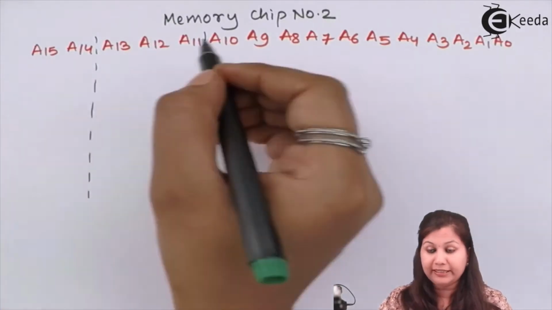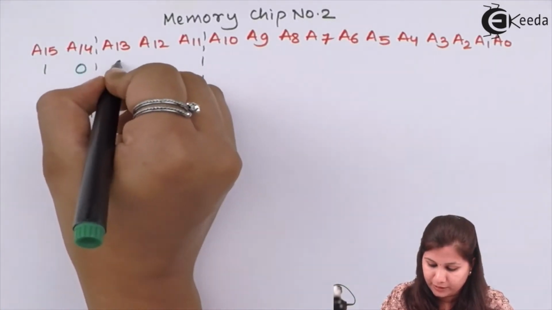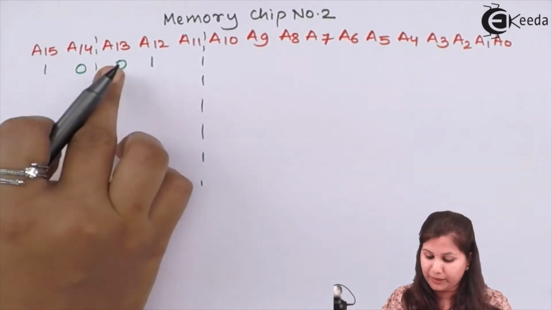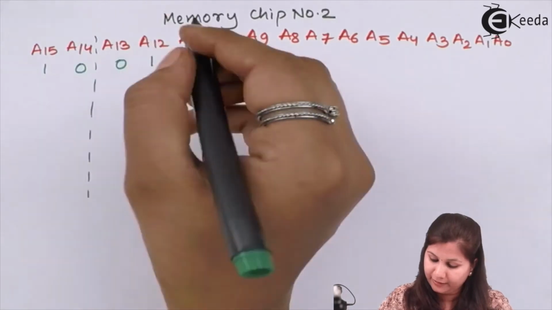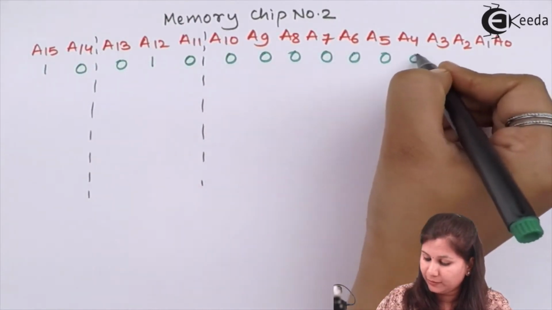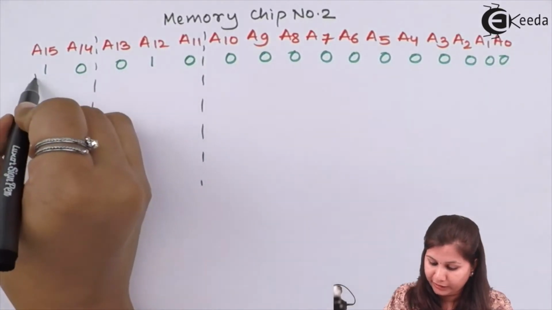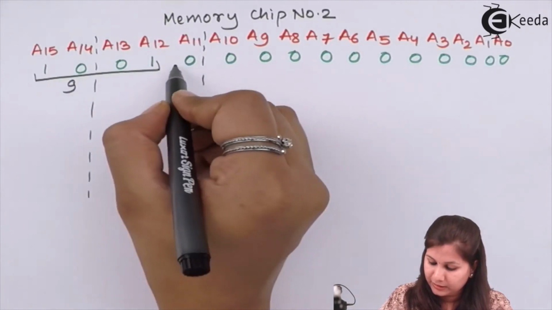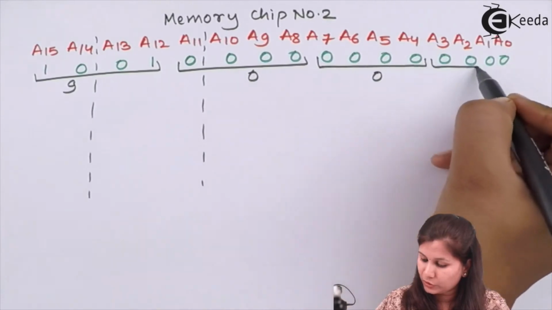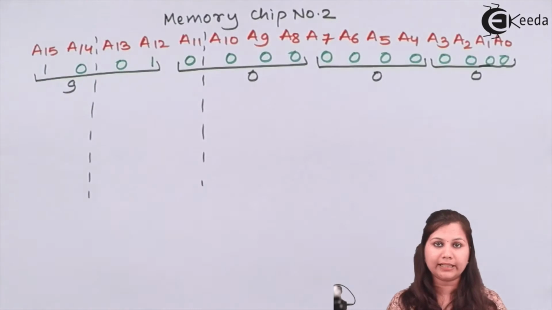So if we write 9000, it will be 1 0 0 1. 8421 again, so it will be 8 plus 1, so total 9, and all the remaining will be 0. So when you combine this, you will find this is 9, this is 0, this is 0, and this is also 0. So 9000 is the starting address.